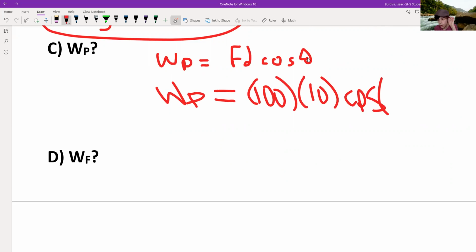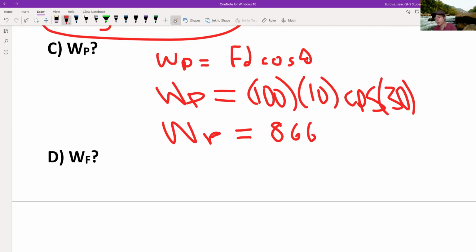The angle was 30. So we have to do cosine of 30. And we solve that, you get 866 joules. Okay, so that's simple enough.